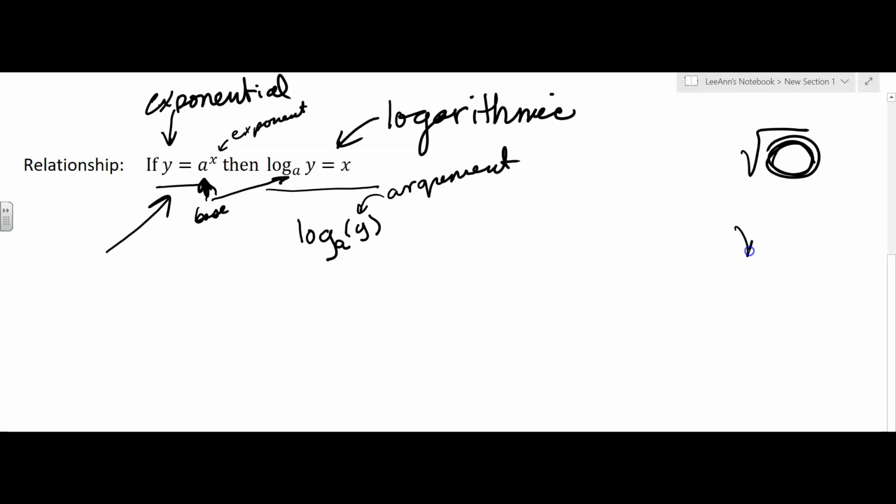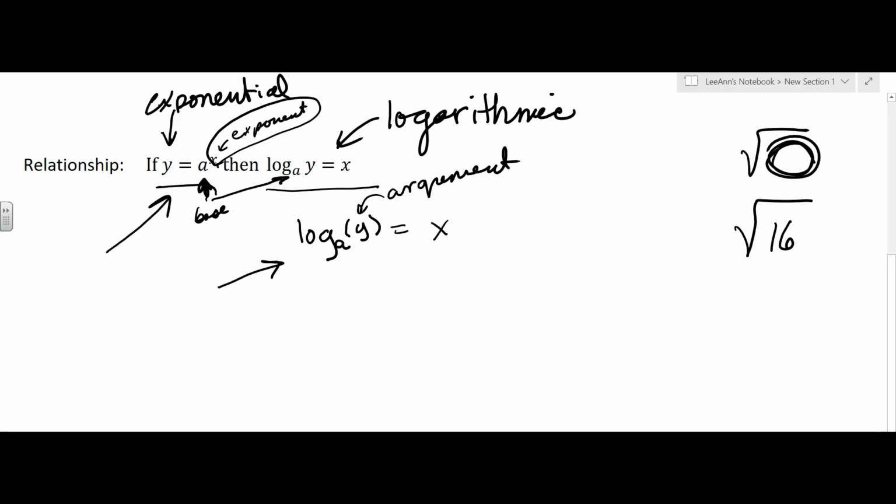So just like if you take the square root of 16, then that's the function. You're doing the square root function, and it's of 16. In this case over here, we're taking the logarithm of y, and it's in reference to base a. So it's log base a of y. And then that equals something. It equals x, which notice that's the exponent in the other equation.